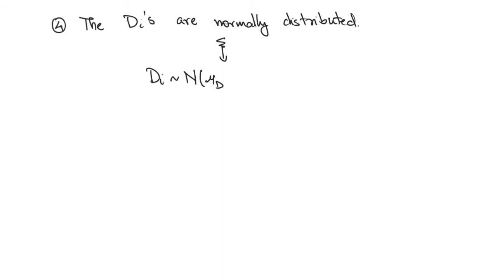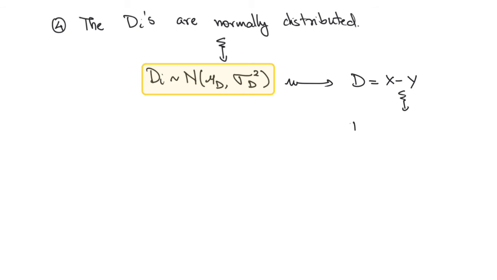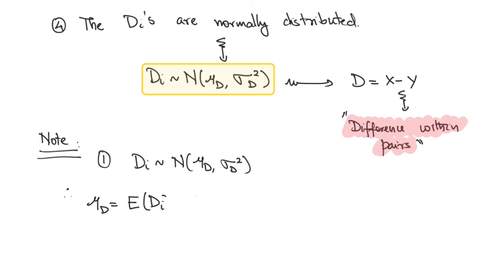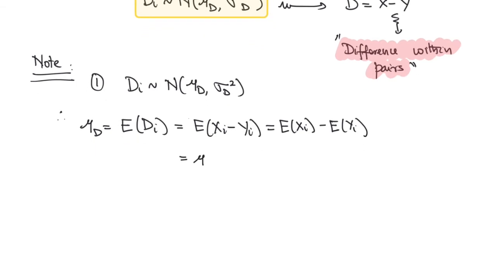In this setting, the di's will also be required to be normally distributed, having the normal distribution with mean mu d and variance sigma d squared. Here d is the difference x minus y. This is the difference within the pairs. Since the di's are assumed to be normally distributed, the expected value of all the di's is going to be equal to mu d, and it can be calculated to be mu1 minus mu2.